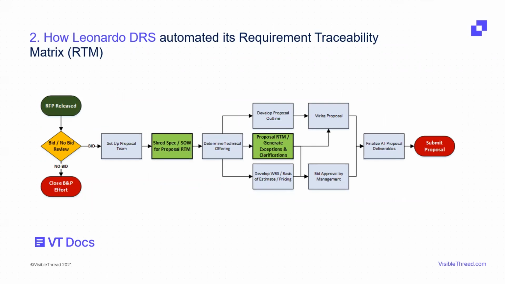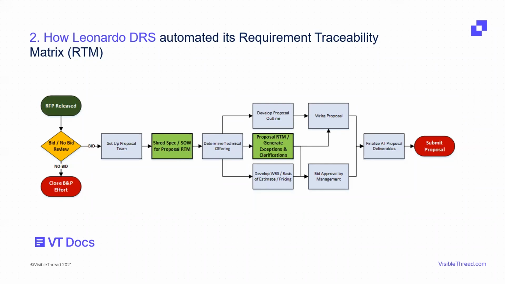Yeah, sure. So this is a very simplified view of generally how we'll handle various RFPs and requests for quotes that come in from various customers. Typically, when they come in, we'll do a first pass. Are we bidding? No bidding. There are certain RFPs that might just not be in our wheelhouse.